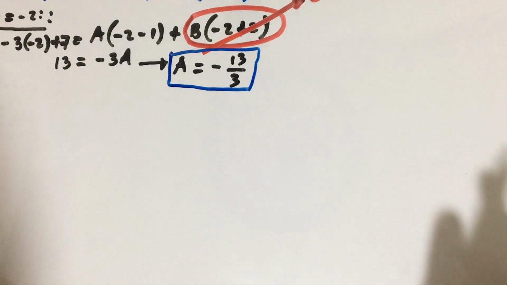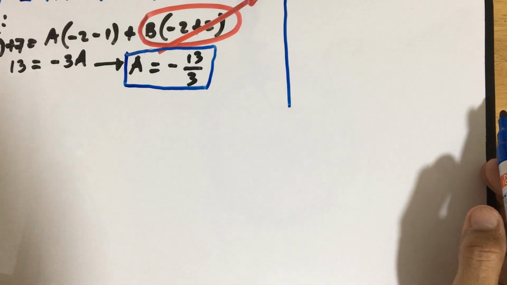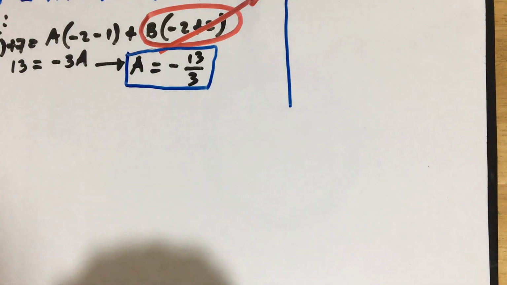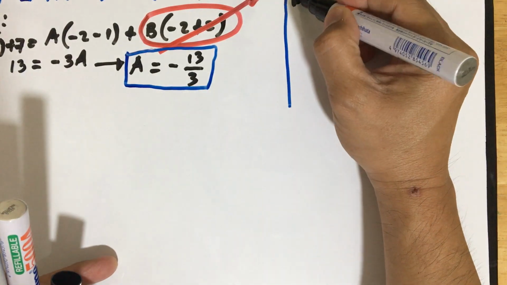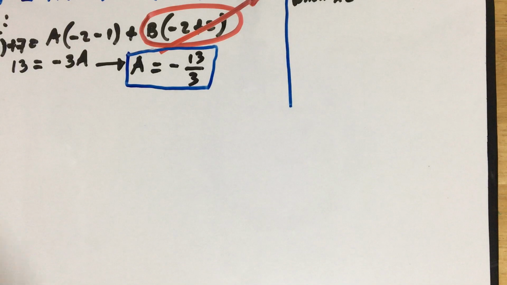Now I'll use this space here. The other value for x is equal to 1.